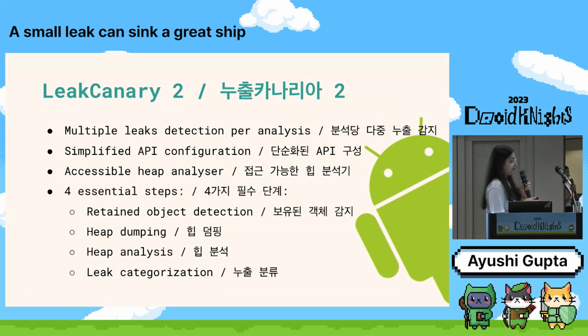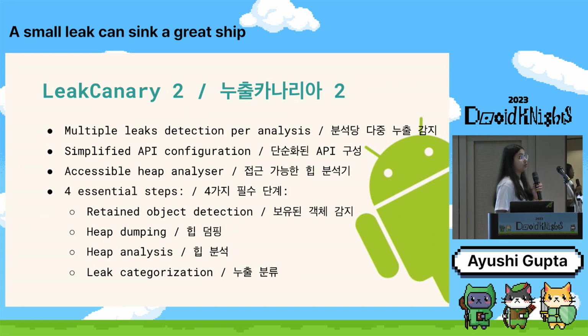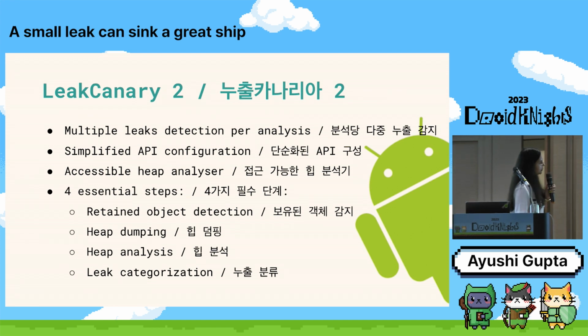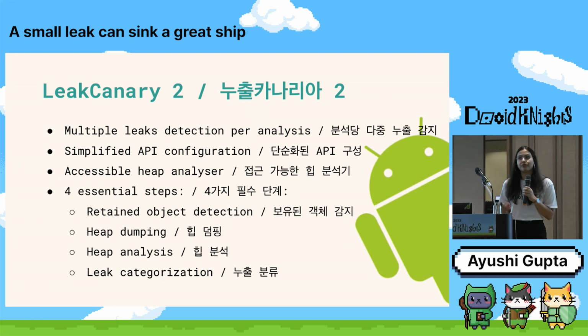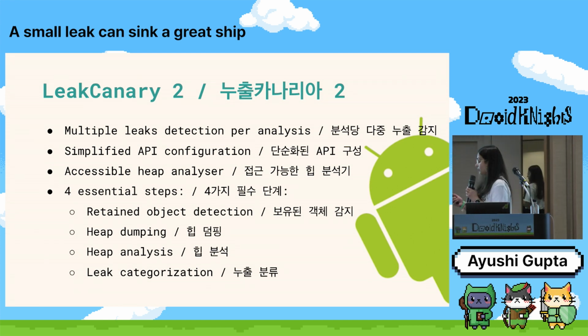We also have simplified API configurations. We'll see how we can use this API configuration to detect and visualize our leaks. Not only that, they have the new Heap Analyzer, which has also been re-implemented from scratch. What makes LeakCanary special is the knowledge of Android fundamentals.